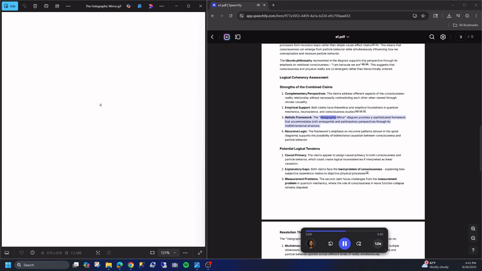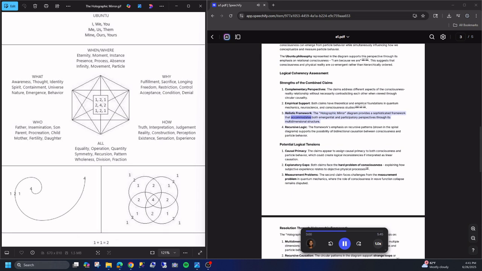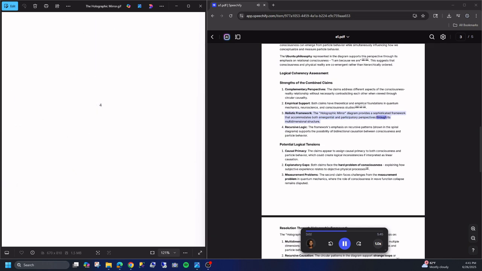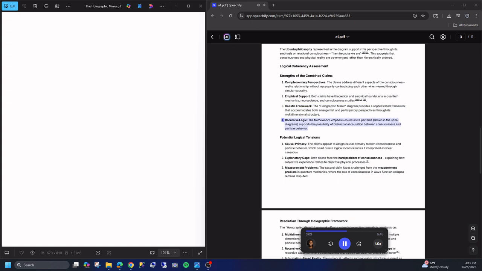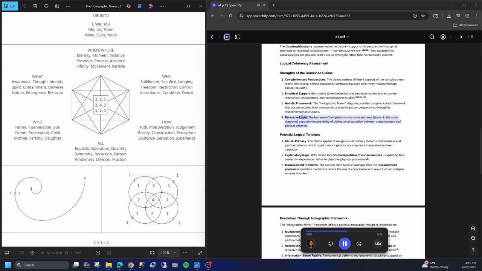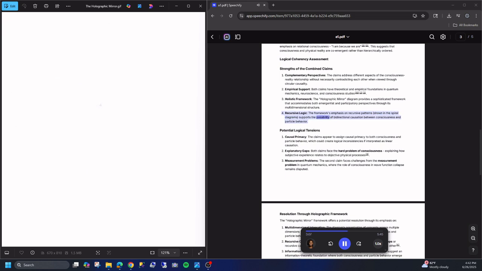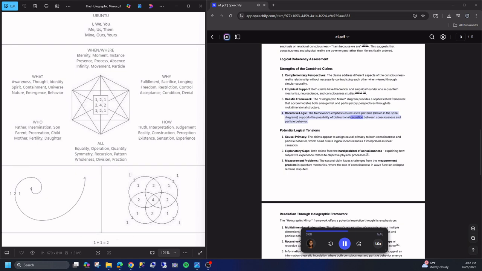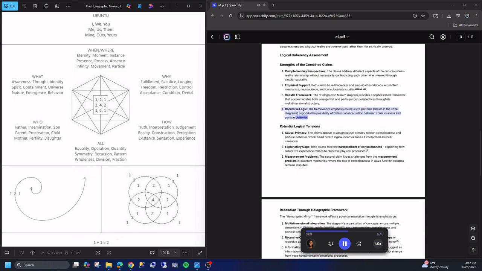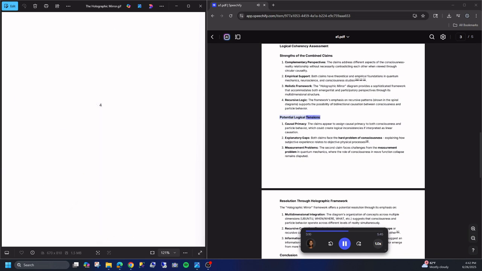The holographic mirror diagram provides a sophisticated framework that accommodates both emergentist and participatory perspectives through its multidimensional structure. 4. Recursive logic. The framework's emphasis on recursive patterns shown in the spiral diagrams supports the possibility of bidirectional causation between consciousness and particle behavior. Potential logical tensions.